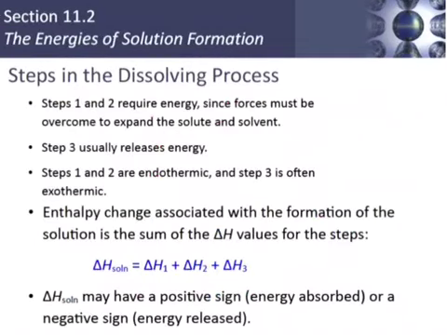And that explains it all over here. So your final solution is either going to be endothermic or exothermic, depending on what these values are for delta H. But usually 1 and 2 are endothermic, and 3 is exothermic. And then the delta H total of the solution can be either one, depending on that difference.